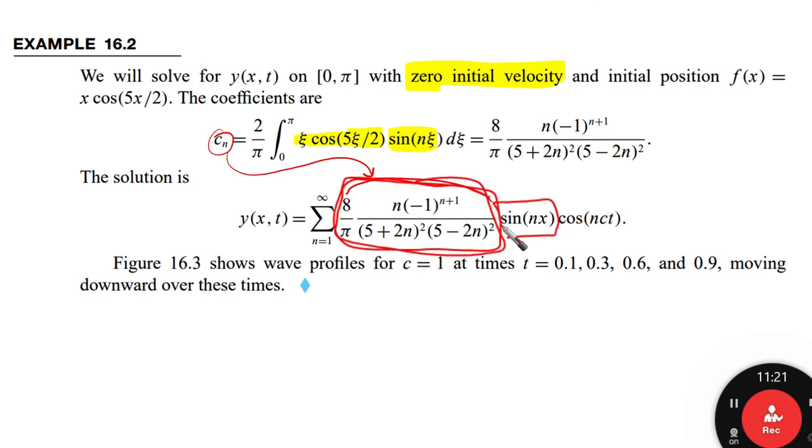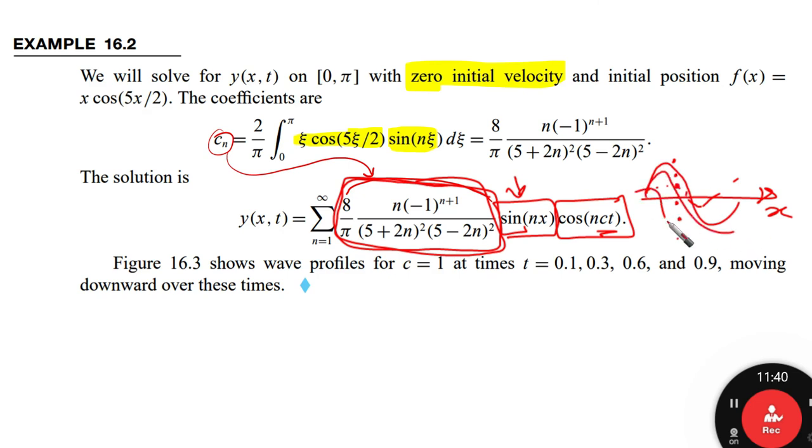This part is the contribution along x, how the wave is going to be along x. And this part is the t, at time t, where exactly each point is going to be. So this is t, and the other one provides x, how the profile of the wave is going to be in the x direction. So this is the sine in x.